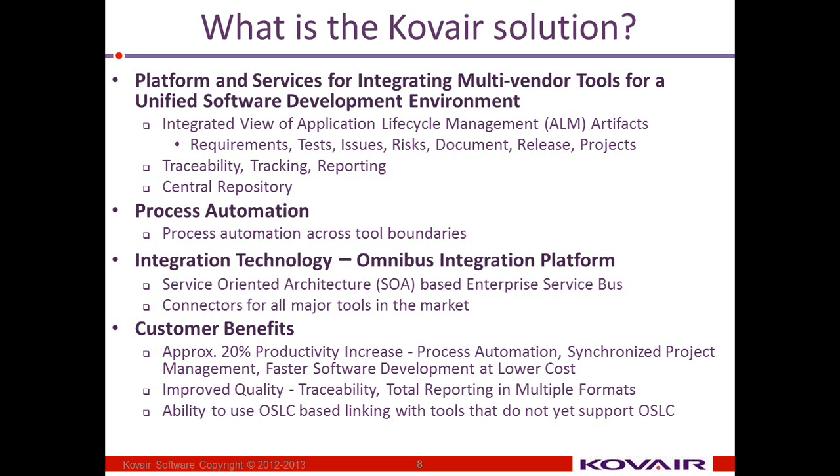Moreover, it has been reported that quality has improved. The rate of detecting defects and fixing them has improved a lot. And traceability across the tools, across artifacts coming in from different tools, has reduced a lot of rework.